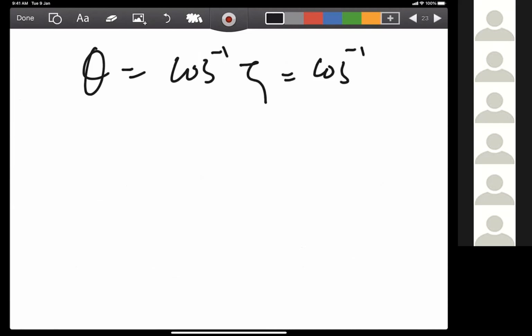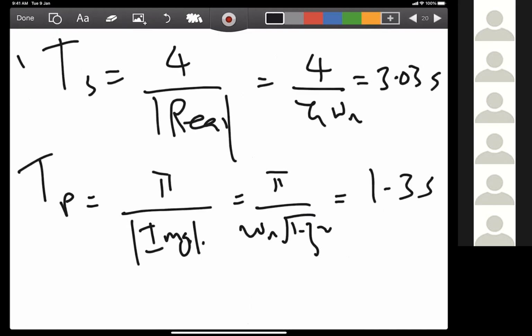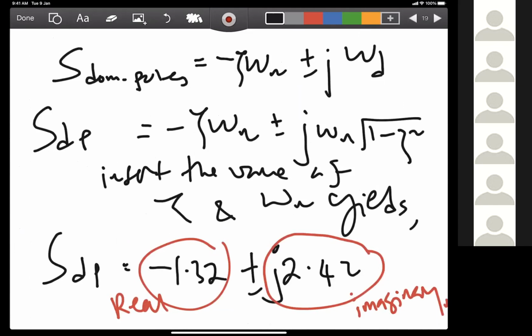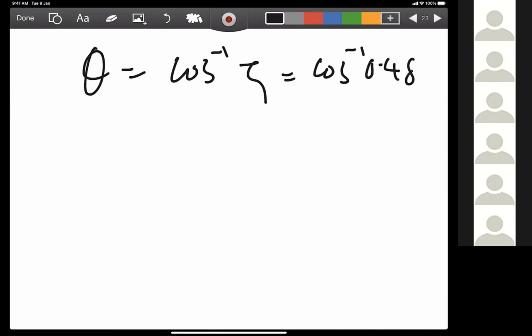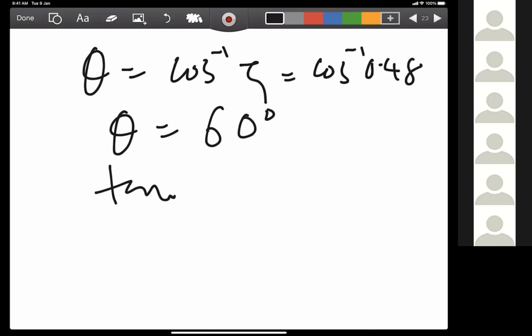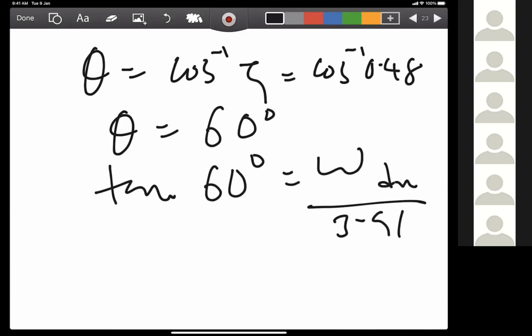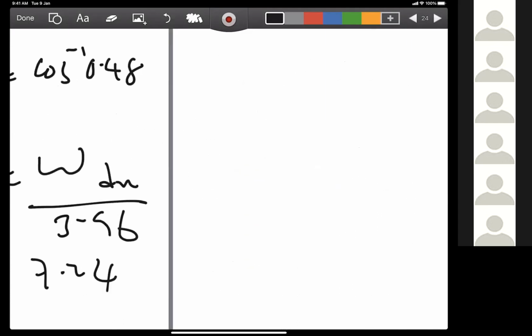Zeta just now was 0.48, so 60 degrees more or less. Okay, so tangent of 60 degrees. So what is the new dominant pole?